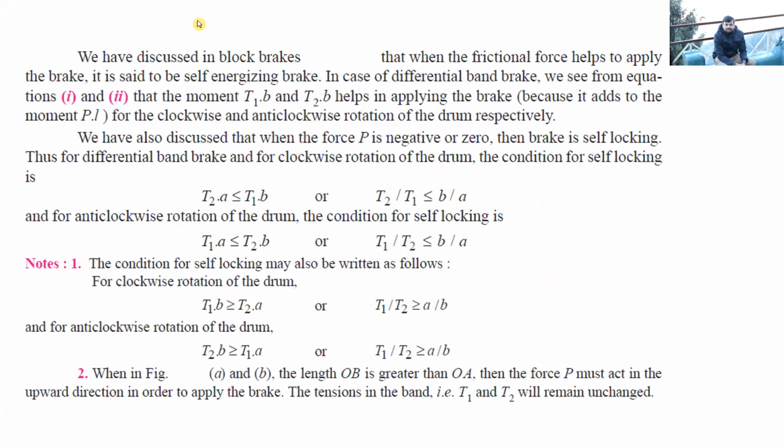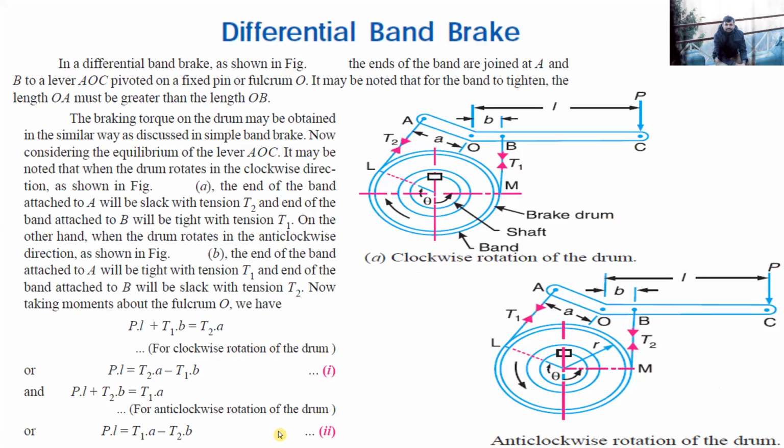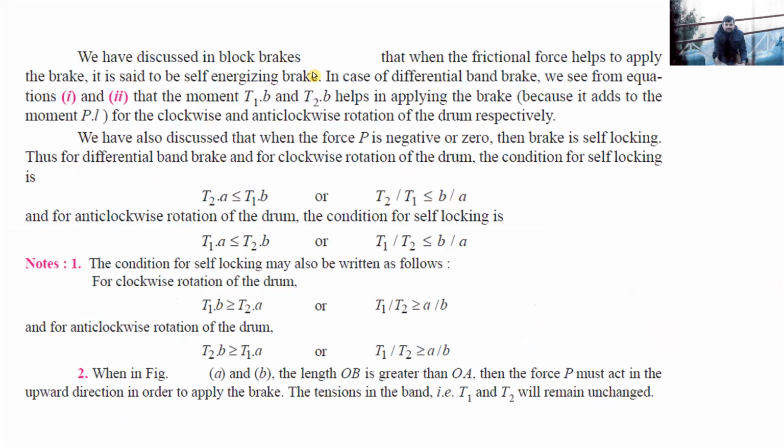Now, in order to calculate the braking torque, as we have discussed, in this case also there will be conditions of self-locking and self-energizing. As I told you, whatever force is supporting the direction of PL, that force will help to apply the brakes. So that condition will be self-energizing, as written over here. As we discussed in the block brakes also, when the frictional force helps to apply the brake, it is called a self-energizing brake.